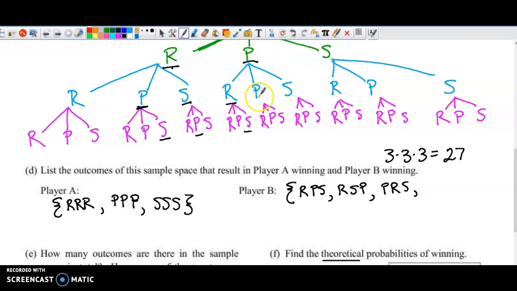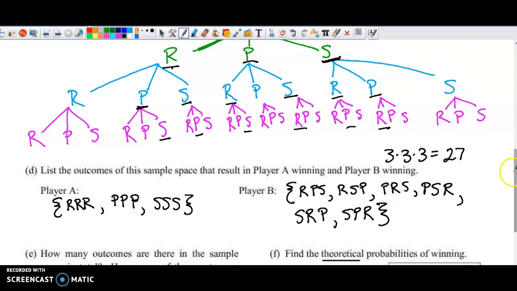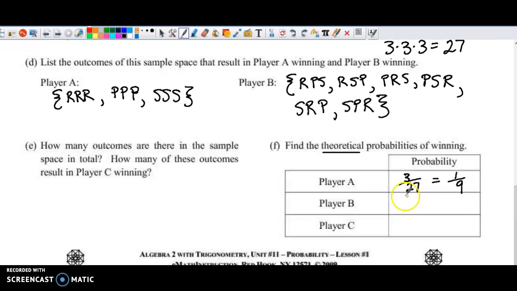It can't be paper a second time, so paper, scissors, rock. Then scissors, paper, rock. I'm going to skip the next one because if that's scissors, it can't be scissors the next one. So player B has double the probability of winning, 6 out of 27.